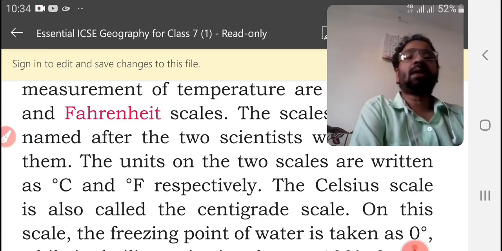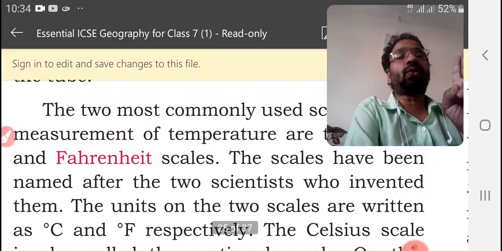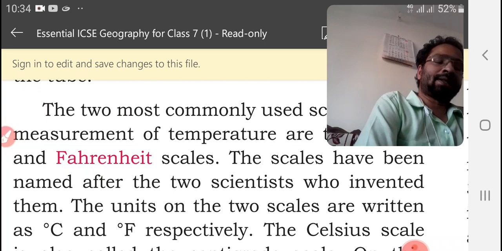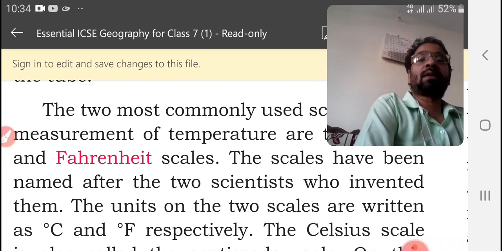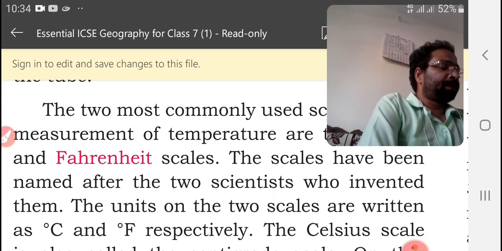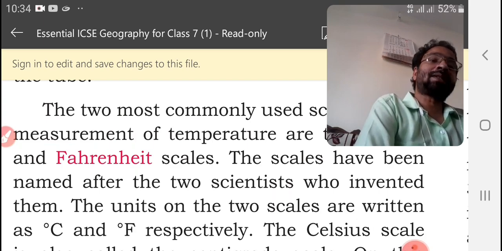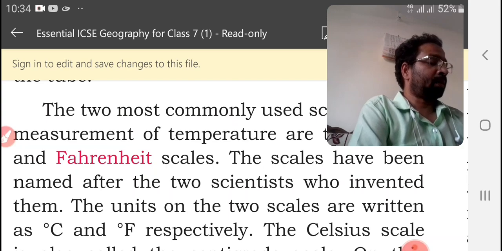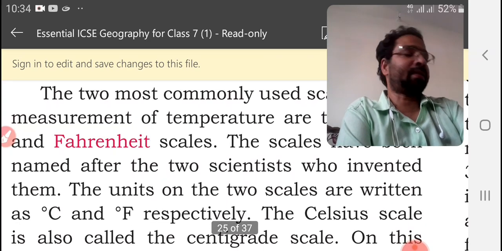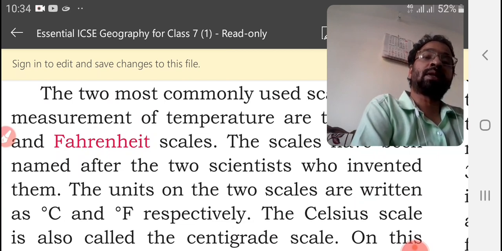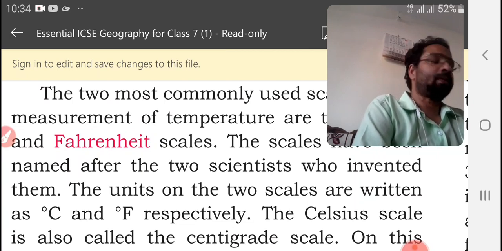Now let us see, there are two types of thermometers. One is a Celsius thermometer, another one is a Fahrenheit thermometer. In a Celsius thermometer, we measure temperature in degrees Celsius, and in the other we calculate it in Fahrenheit.